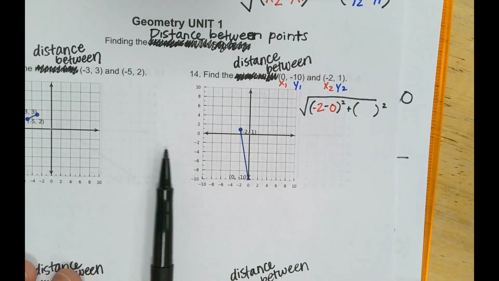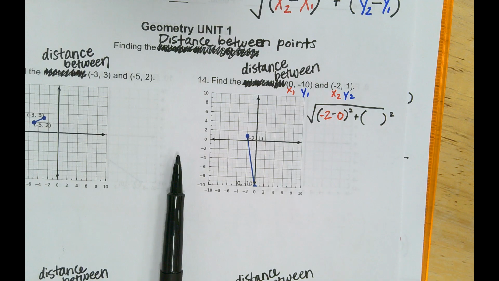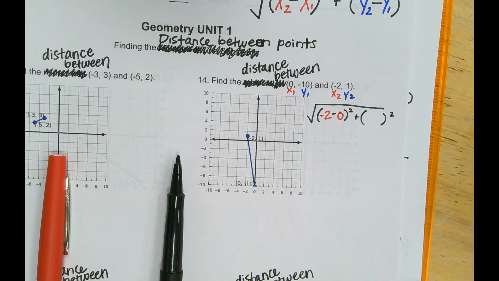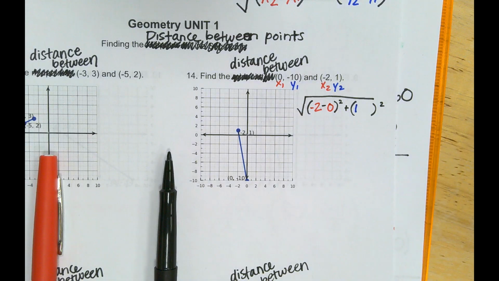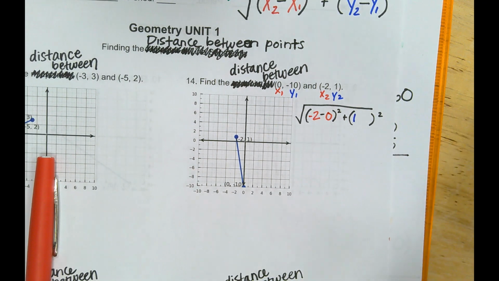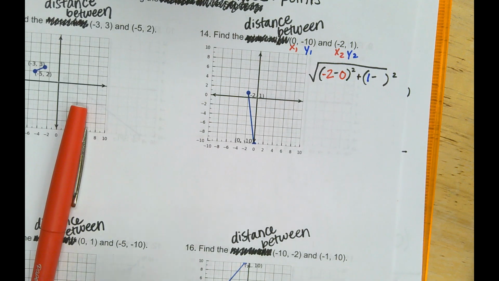And what will go in our second parentheses? Got 1 for y2. We've got minus, what's my y1 again?